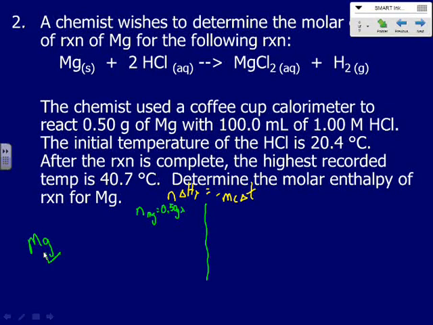That molar mass of magnesium is 24.3 grams per mole. And this is going to then be 1 mole over 24.3 grams. And that gets me 0.0206 moles.